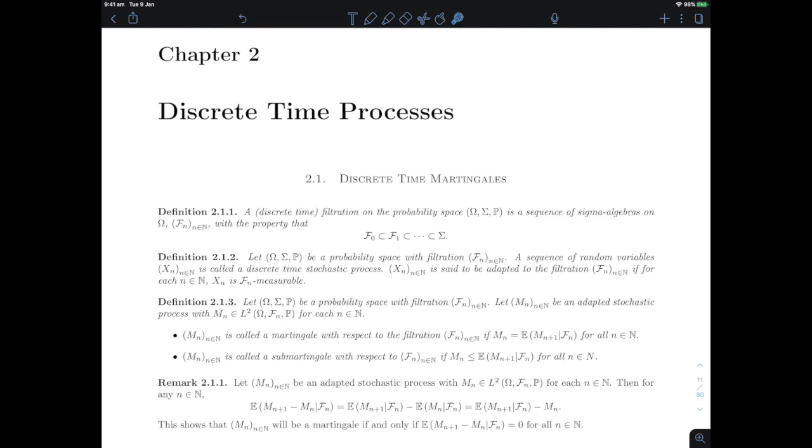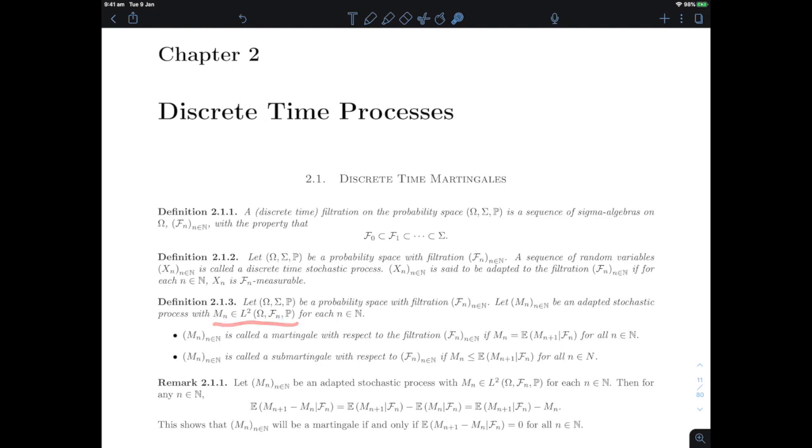Okay, now what is a martingale? You give yourself a probability space and a filtration, and a martingale is a special kind of adapted stochastic process. We talk about L2 martingales or L1 martingales. In this course, we'll be mostly considering L2 martingales.